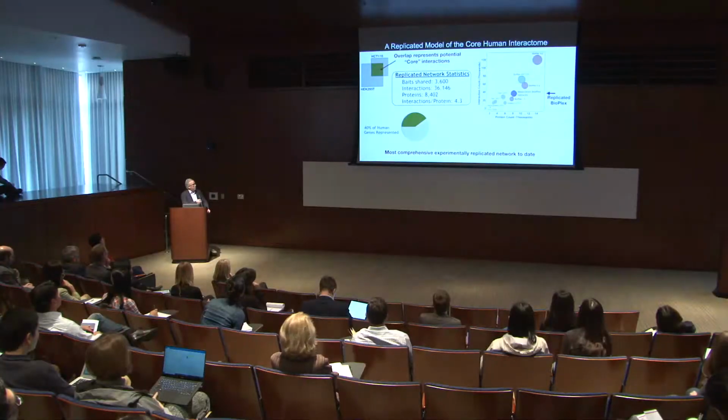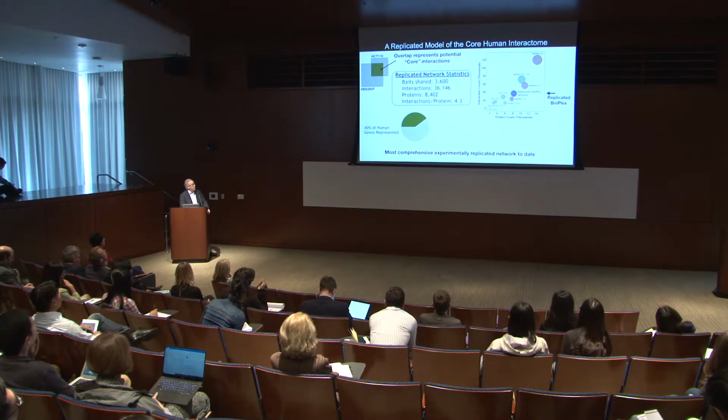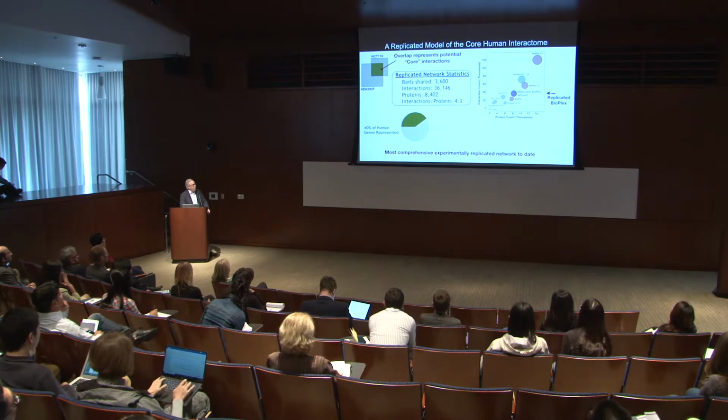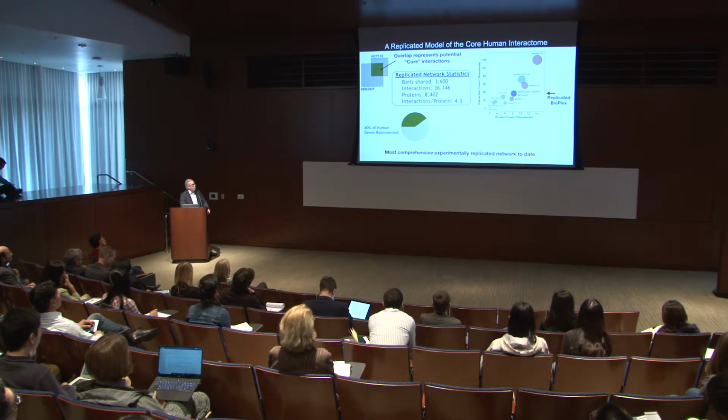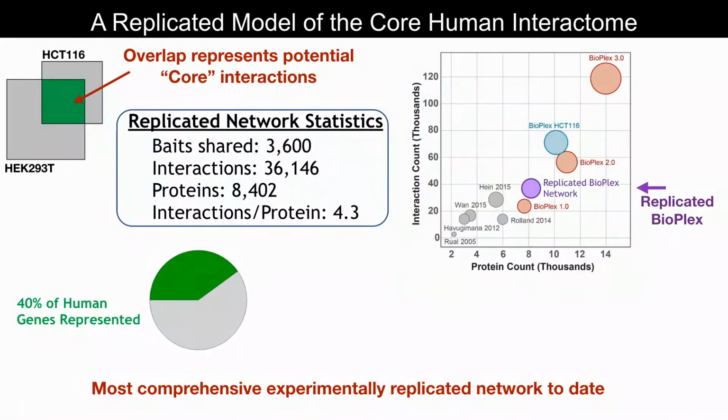There are about 3,600 shared baits that lead to this overlap, about 36,000 interactions and 8,000 proteins. And this is what we call the replicated BioPlex, and this is already a pretty large network. To my knowledge, this is the largest comprehensive experimentally replicated network.